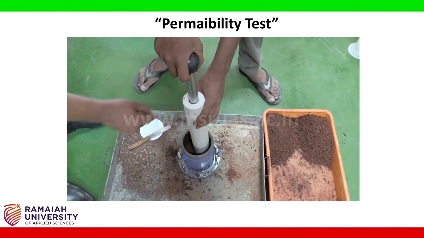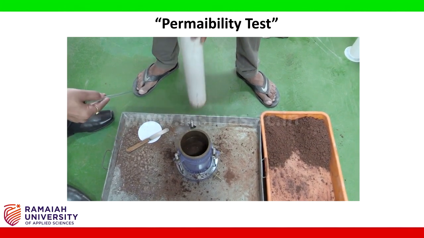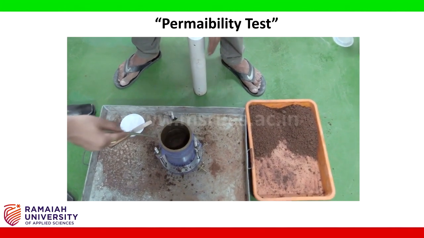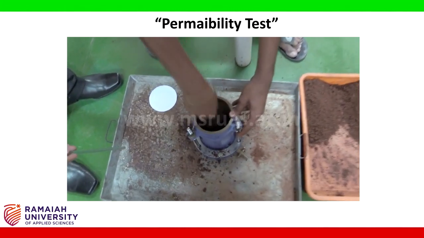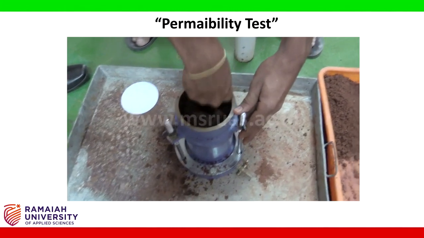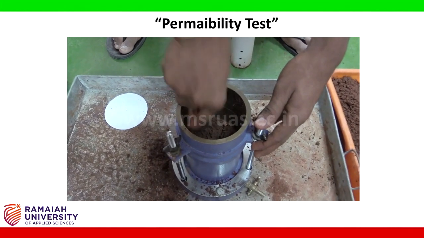After giving 25 blows, it is now time to remove the rammer out and scarify the surface by making use of the spatula. This scarification is required for receiving the next layer, that is the second layer for compaction.